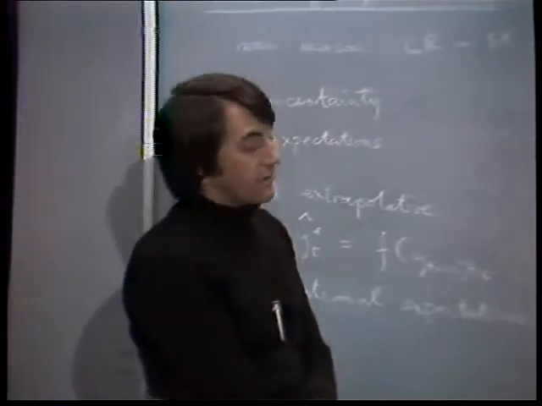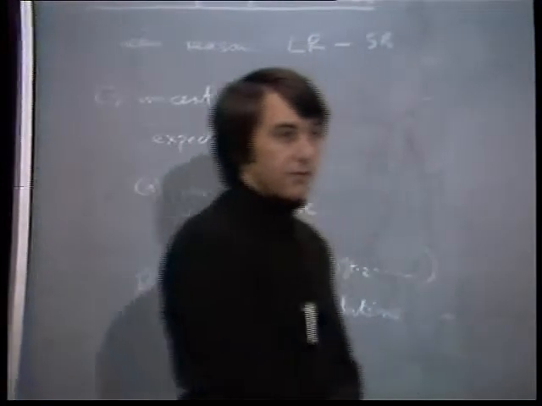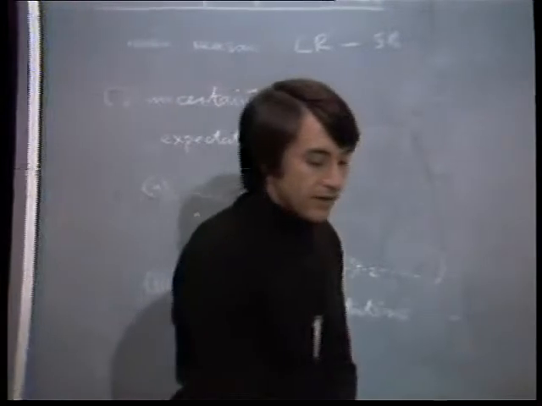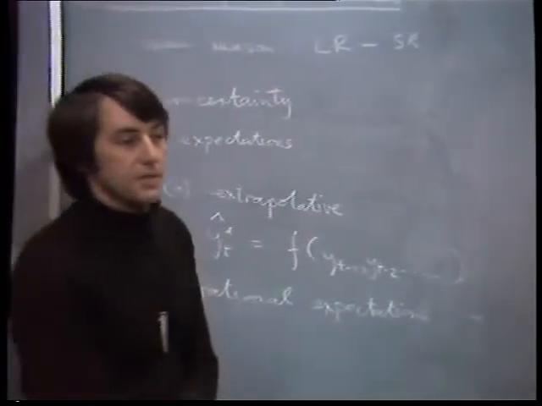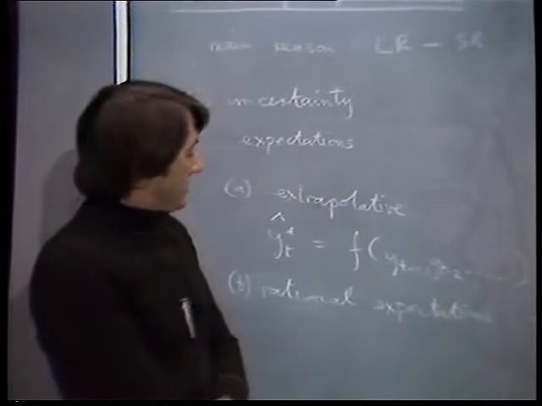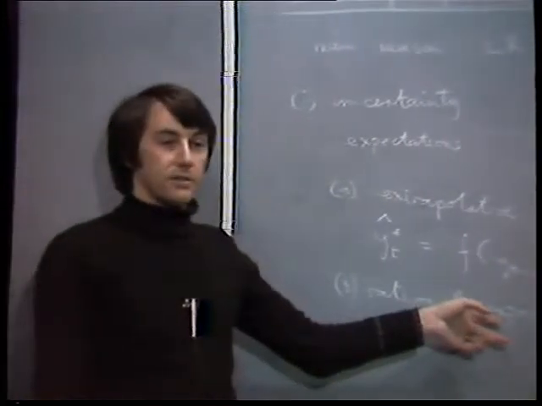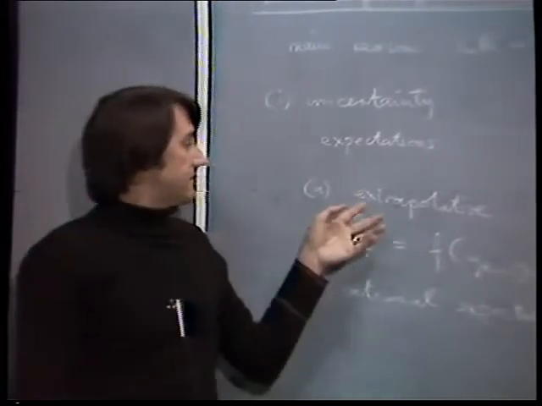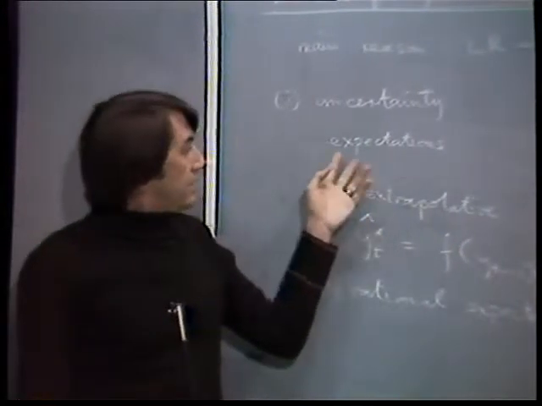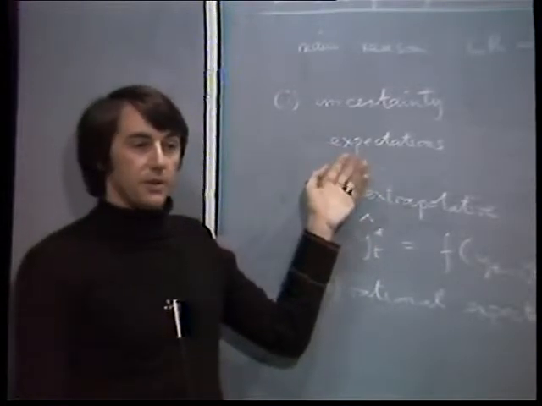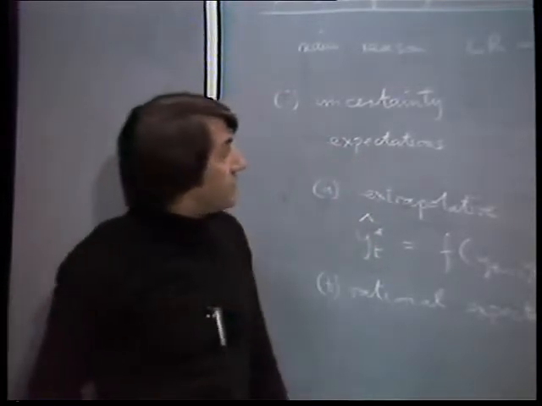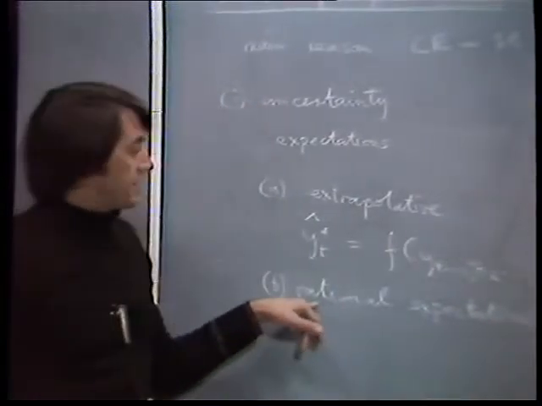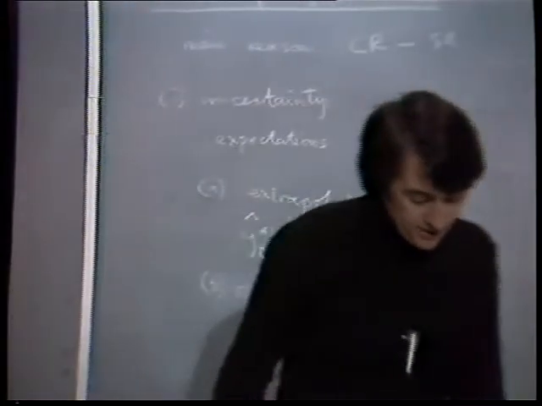And in particular, if the variable that you're wanting the expectation for occurs in a simultaneous equations model, then all the structural information that you've built into that simultaneous equations model ought to be used in forming the expectation of it. If in fact you didn't use that structural information and simply use an extrapolative method for generating the expectation, you're ignoring some of your supposedly valid information. And therefore, in rational expectations, you do have to use that structural information.